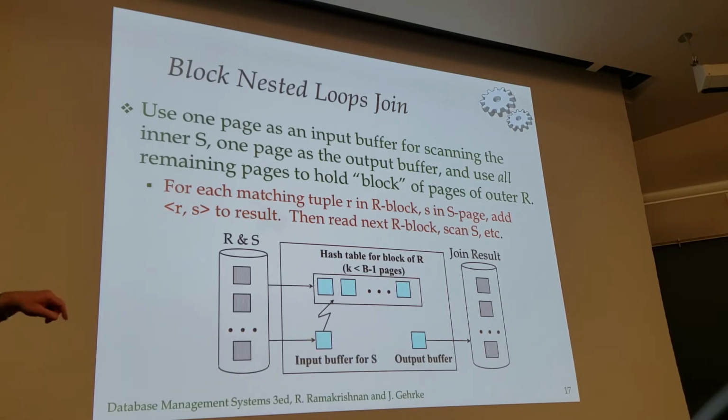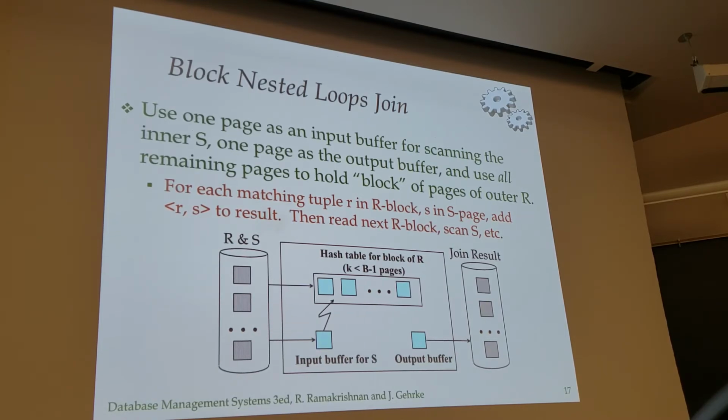So you go through that input buffer for S, all the tuples inside that page, one by one by one by one, nested loop, and you find the matches inside the hash table. And when I'm done with that block of S, you know what I do next?